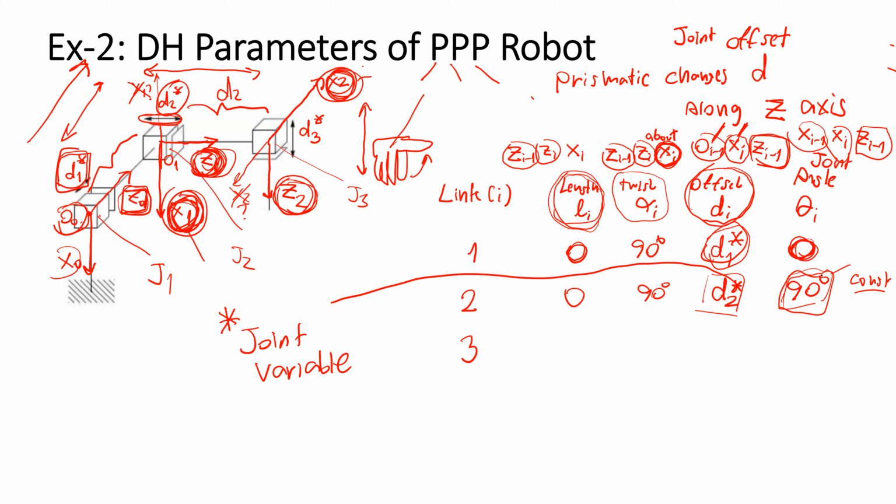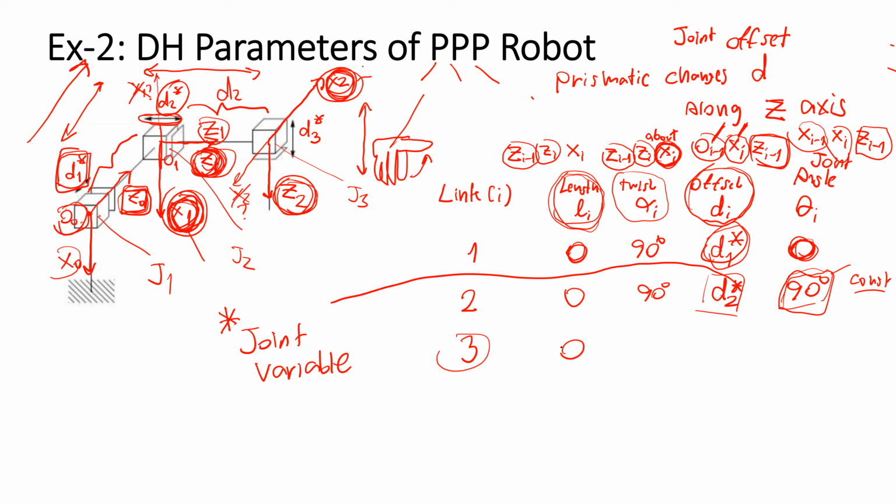How about the link three? The link length is the distance between C1 and C2, and they intersect. So the length is 0.